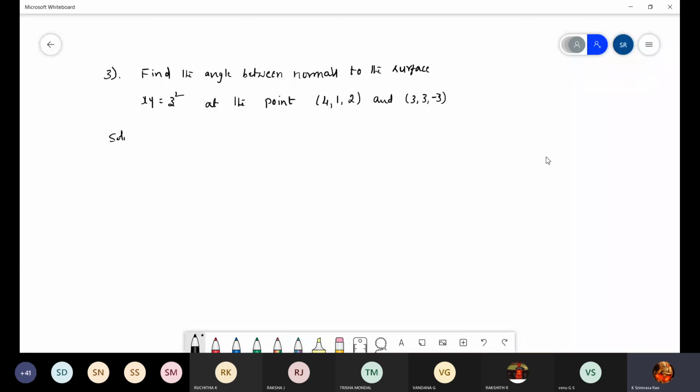So one surface is given, only one surface.